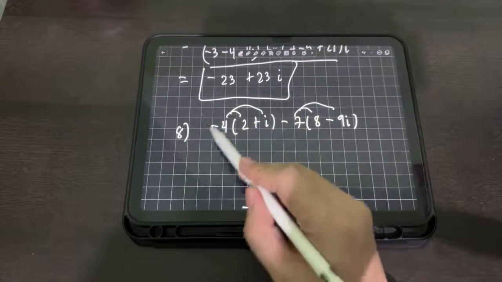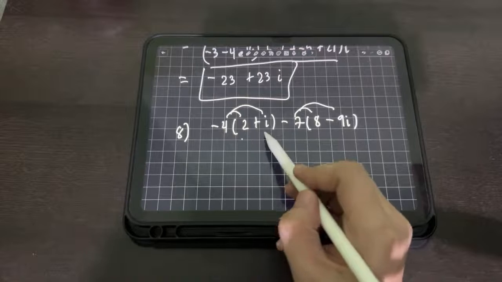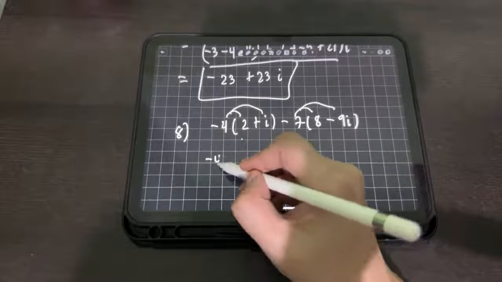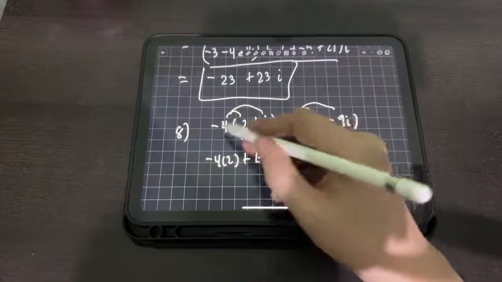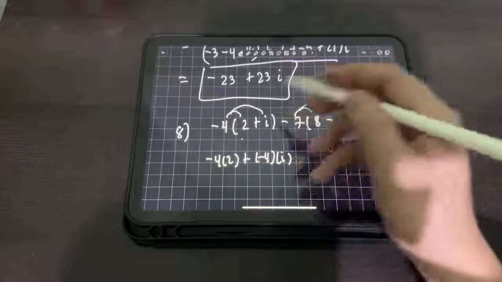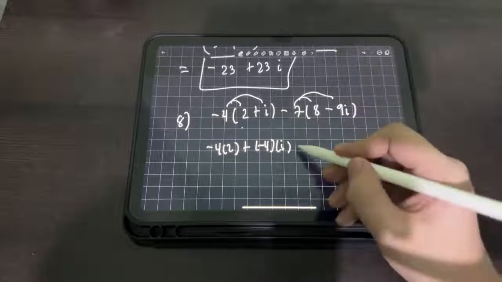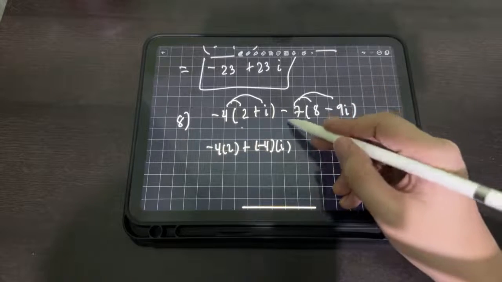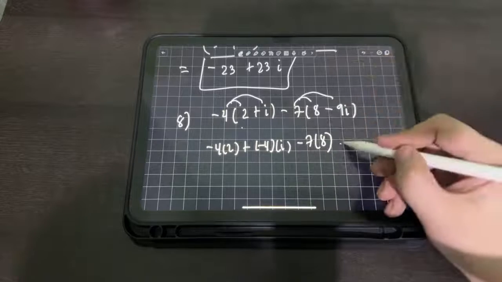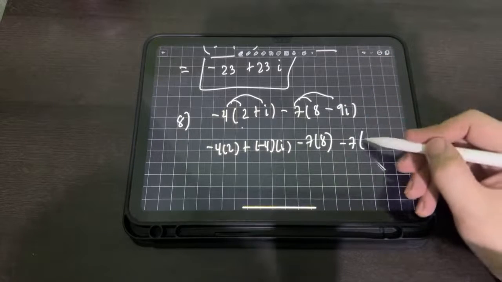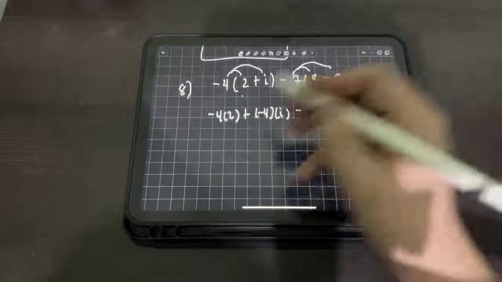Or let's multiply -4 to the real and imaginary parts first. So, -4 times 2 plus -4 times i. Also in -7, let's multiply. So -7 times 8, then -7 times -9i.